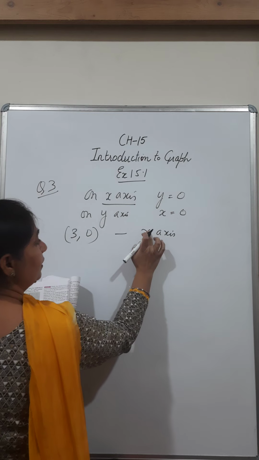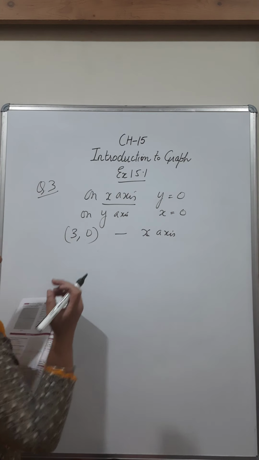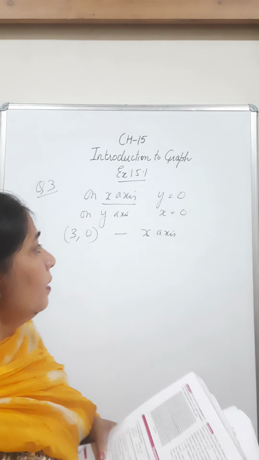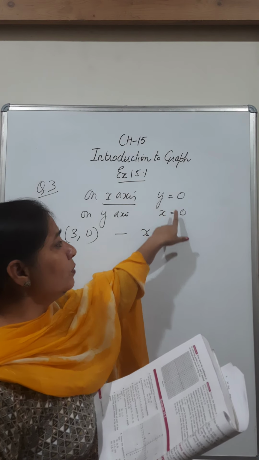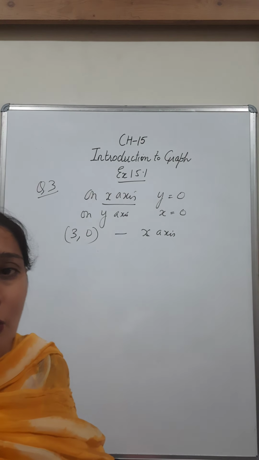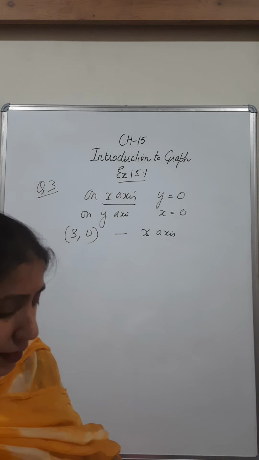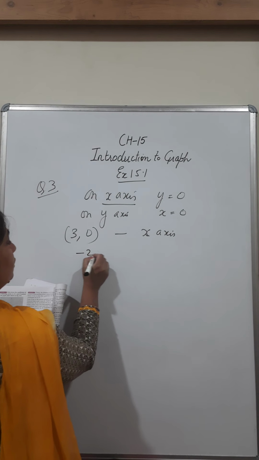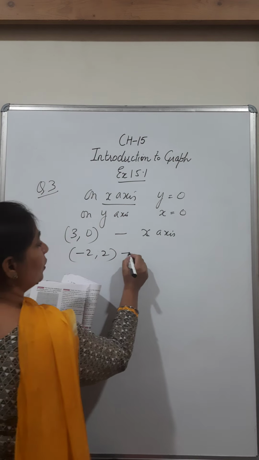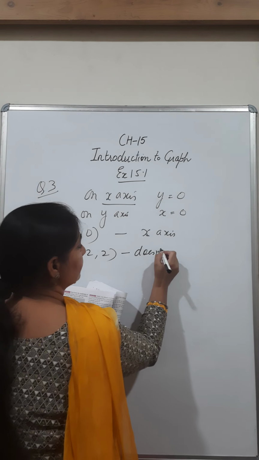But one thing you have to keep in mind: any point which lies on either of the axes, either x or y, must have either y equal to 0 or x equal to 0. If both values are non-zero, then it will not lie on any of the axes. For example, if it is minus 2 comma 2, neither x is 0 nor y is 0, so it does not lie on any axis.